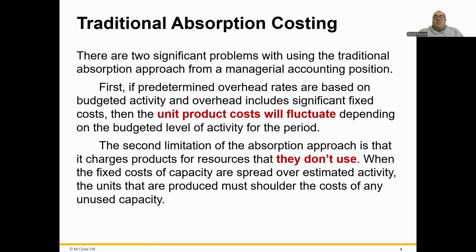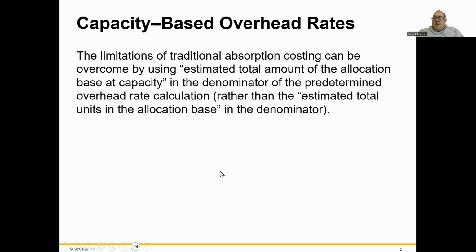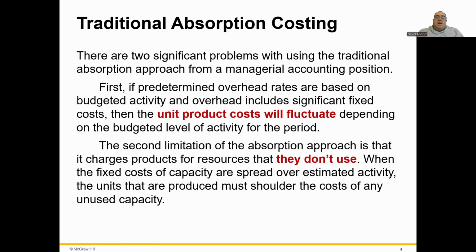Now, the second limitation of the absorption approach is that it charges products for resources that they did not use. When the fixed costs of capacity are spread over estimated activity, the units that are produced must shoulder the costs of any unused capacity. So they're saying absorption costing is charging products for resources that they didn't use if there's excess capacity.